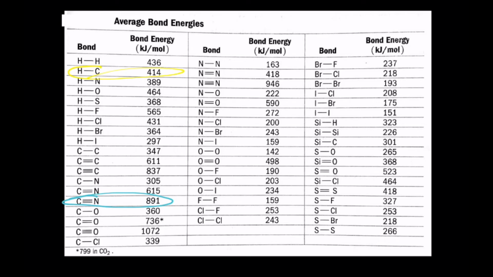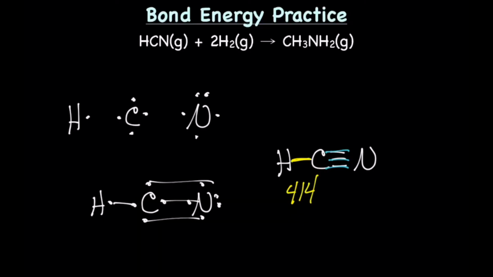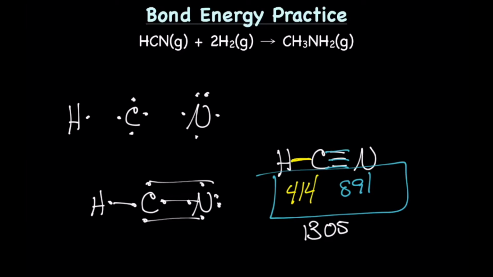You can see a lot more energy in that triple bond. All right, so this molecule altogether, the energy required to break the bonds in that molecule is 1,305 kilojoules. So I'll write that up here, 1,305 kilojoules.